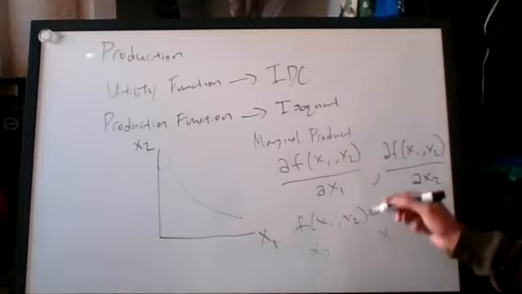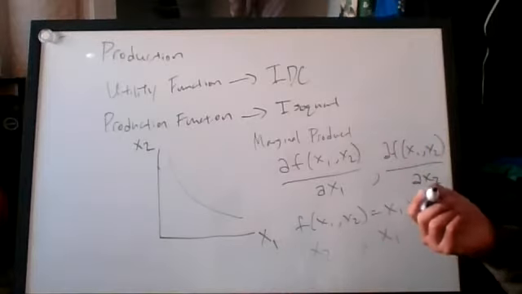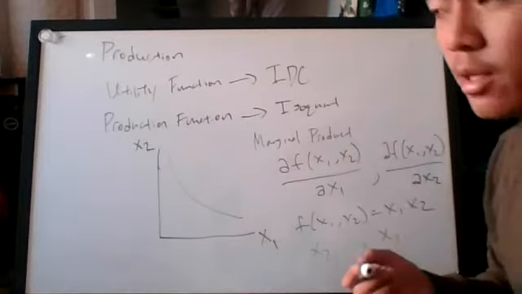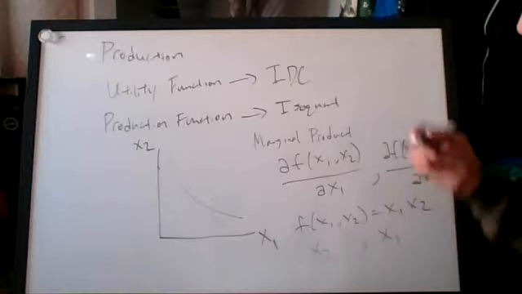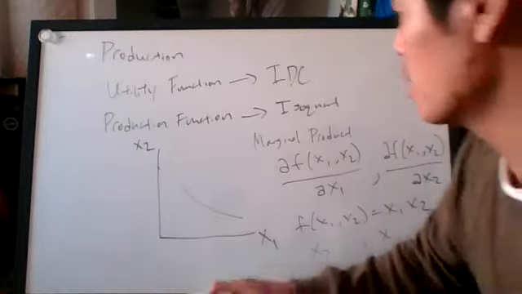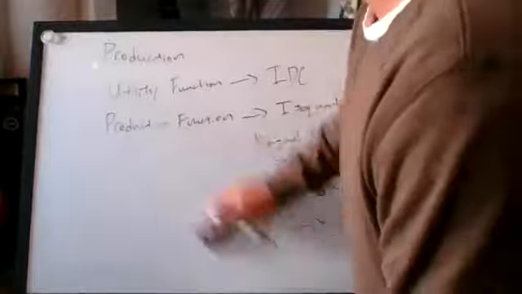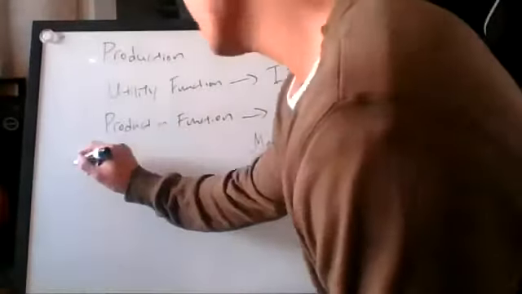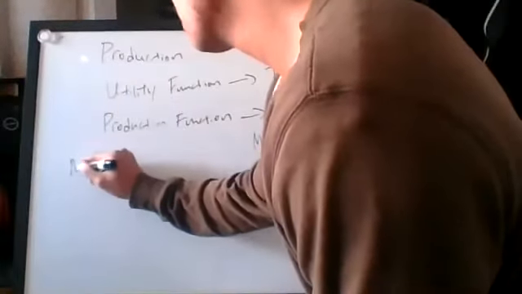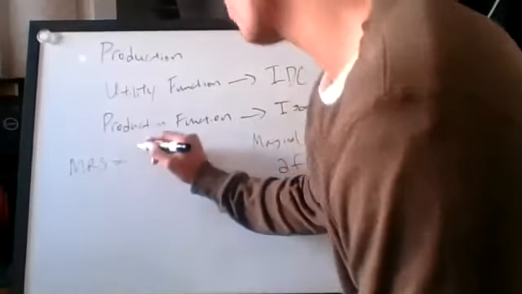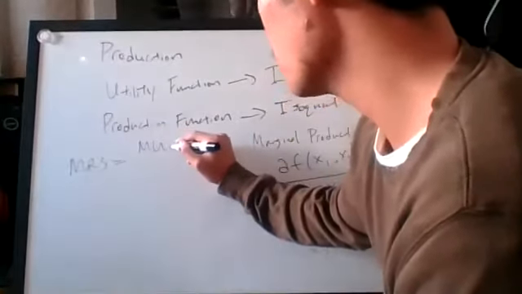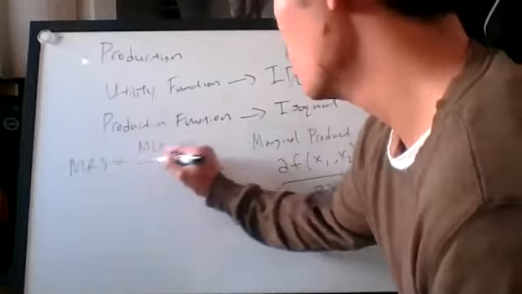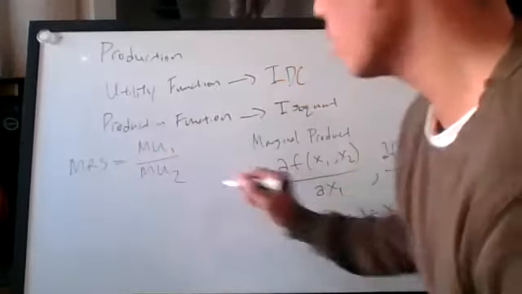And so you'll notice, if you kind of remember when we were talking about consumption, and let's actually bring this over here, our MRS was equal to the ratio of the marginal utility of good one over the marginal utility of good two.